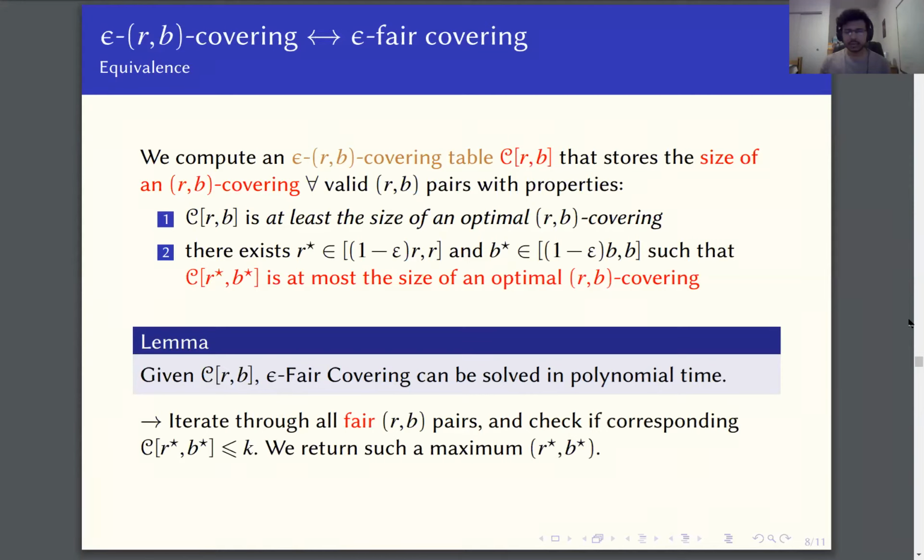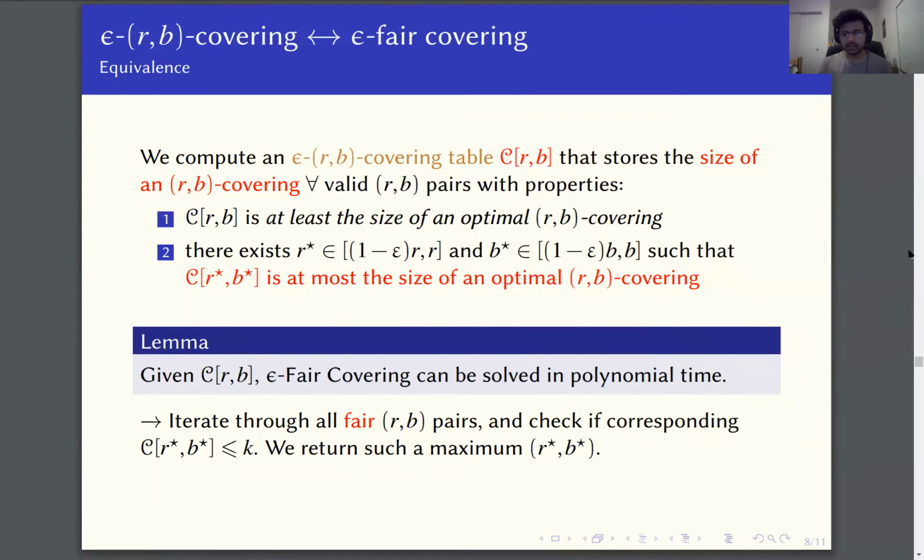We iterate through all fair RB pairs and check if there exists a corresponding (R*, B*) pair such that C(R*, B*) is at most K. After iterating through all such pairs, we return the maximum such (R*, B*) pair. It is easy to see that this step can be done in polynomial time because, given n points in the input, there can be at most O(n) fair RB pairs.